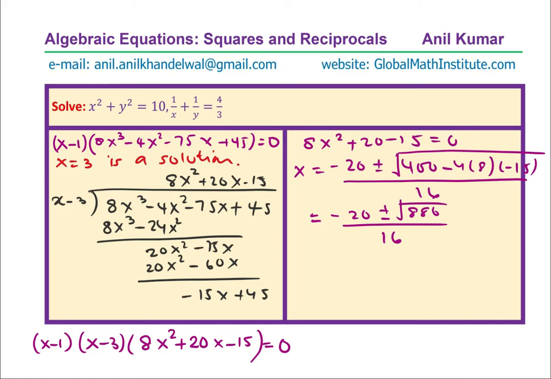So in that case, you can evaluate this value and you get two answers. One is x equals 0.605 and the other value is x equals minus 3.105. So use a calculator to calculate this value. So you get 4 different values for x.